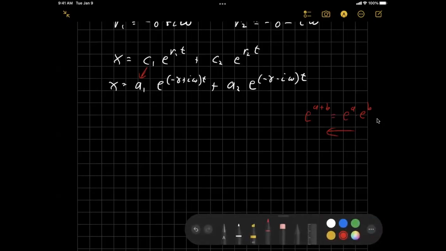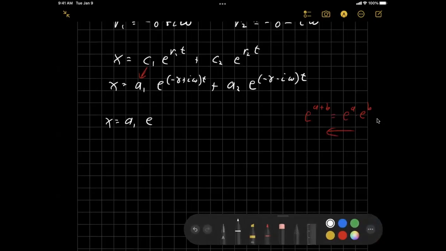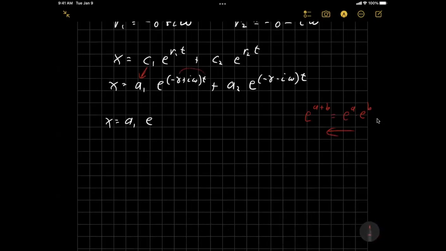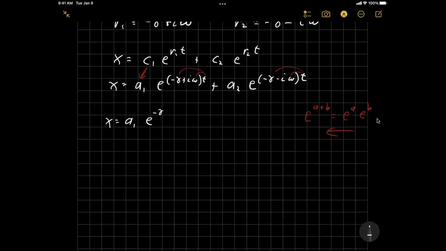So we can rewrite this as x equals a1 e, we're going to distribute the t, by the way, to both terms here and here at the same time. Okay, so we'll have e to the negative gamma t. Oh, that looks like exponential decay right there in that factor.